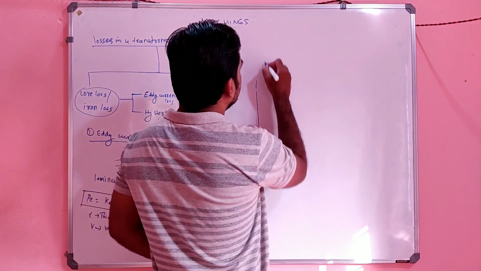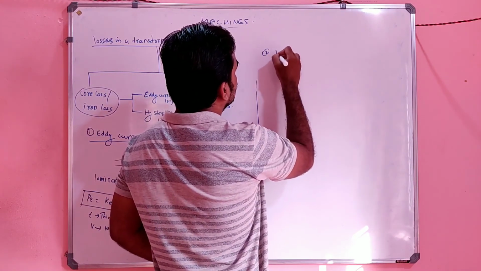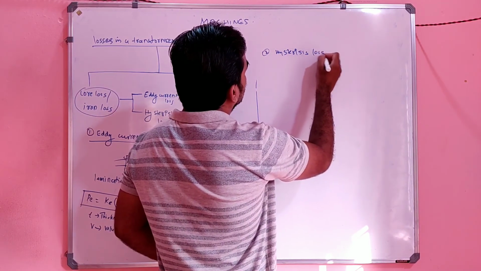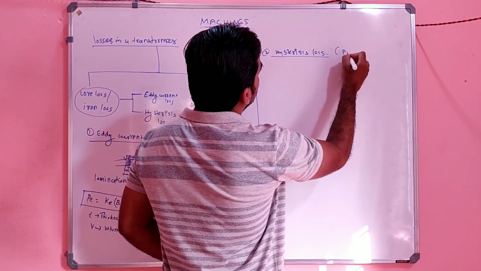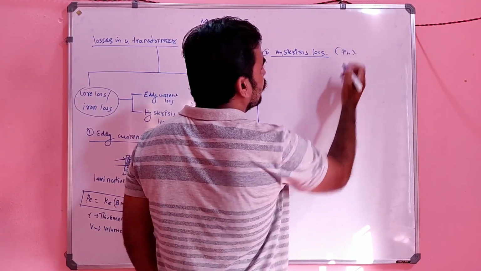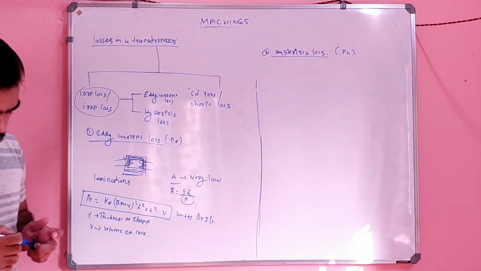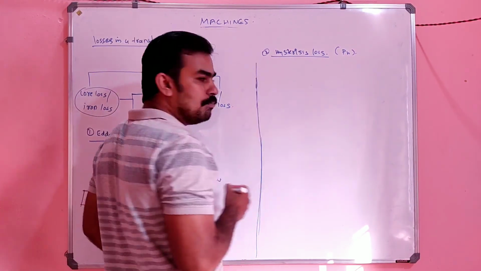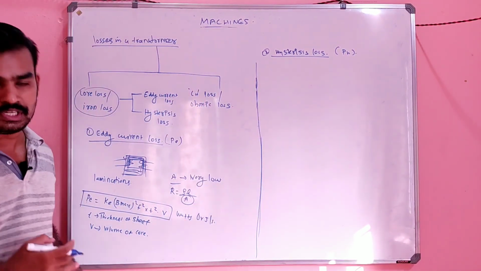Next we have to see hysteresis loss. It is represented by PH. Hysteresis loss arises due to the molecular structure of the magnetic material.